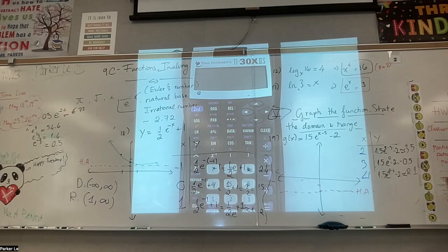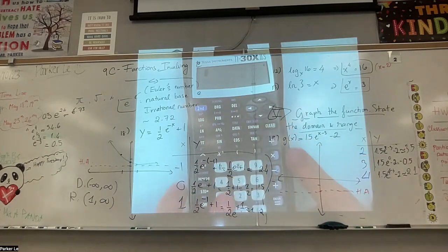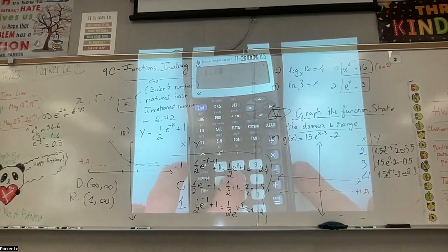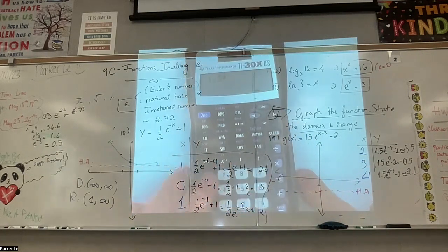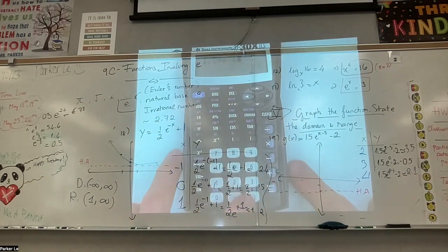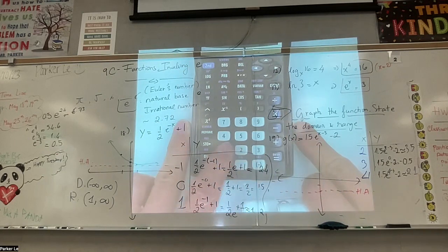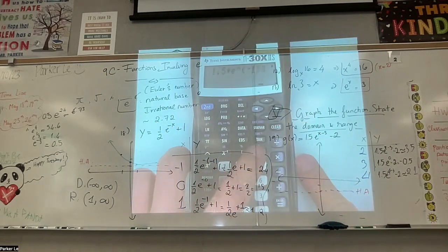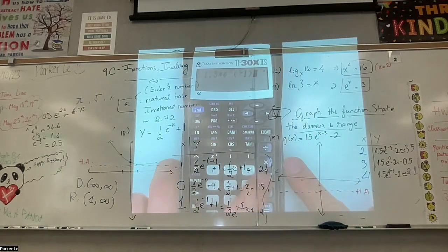2.07, so that's 2.1. Okay, let's check. All right, so we have 1.5, press 1.5 times e to the negative 1. So press second, ln, so we have e. Negative 1, remember negative is this button. So 1, negative 1, close parenthesis, over close parenthesis, and then minus 2.